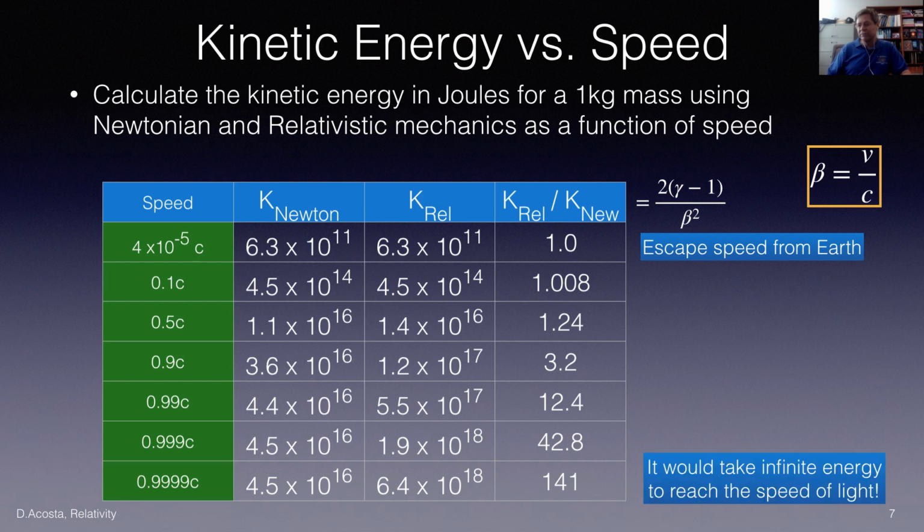And what we can conclude from this table, as we see that when we get to 99.99% speed of light, which requires 100 times more energy than the non-relativistic form, that ultimately it would take an infinite amount of energy to reach exactly the speed of light. So that's where the big difference is coming in on these two formulations, when you get close to the speed of light.